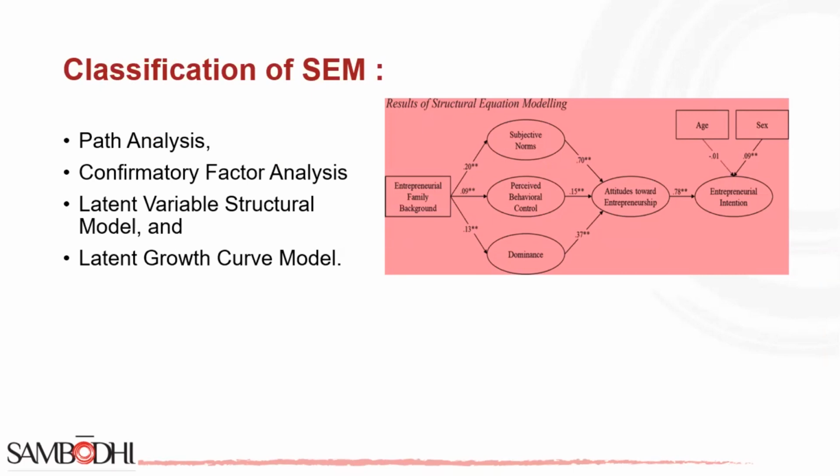The confirmatory factor model in SEM treats intelligence as a latent variable which can be measured on the basis of test scores. These are spread out in four areas: reading, writing, math, and analysis.